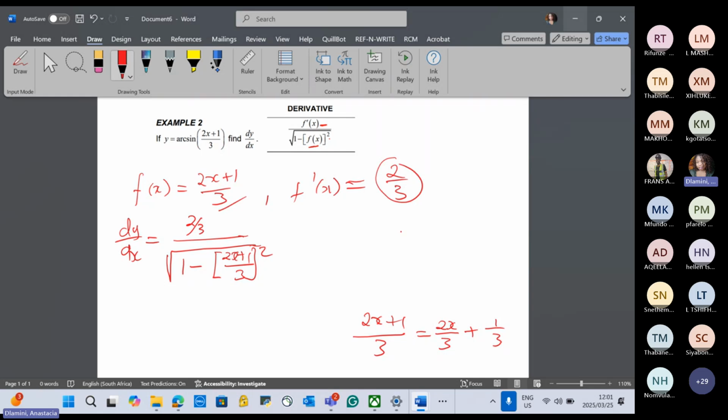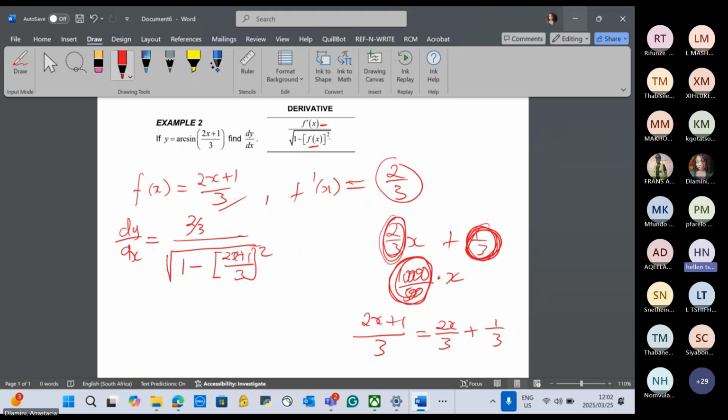When you differentiate a constant times x, the answer is always the constant. Plus 1 over 3, when you differentiate this, this will be 0. If you differentiate 1 million over 5,000 times x, the answer will always be that 1 million over 5,000. So that's why the answer is 2 over 3.